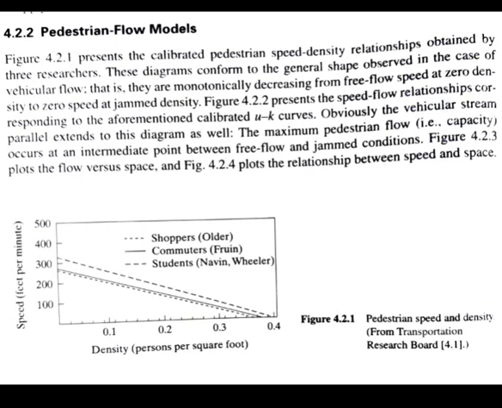Now we will be dealing with certain pedestrian flow models. So how this pedestrianization is executed. Okay, so in order to study that, we need to know certain terms related to this particular pedestrianization. So basically we are going to study the capacity and performance analysis.